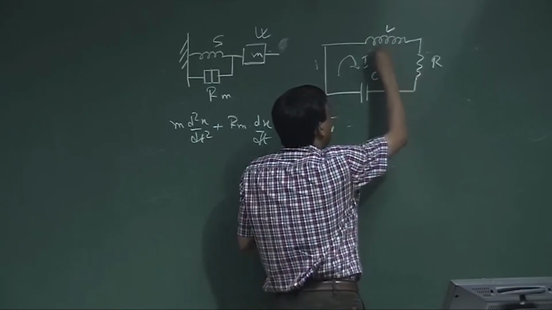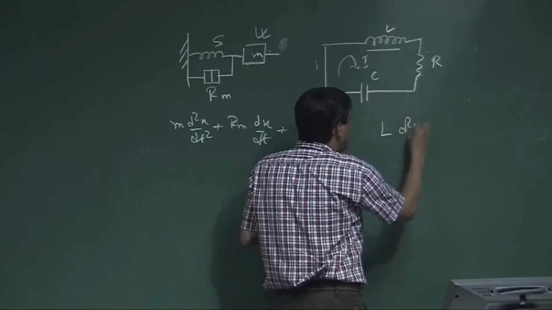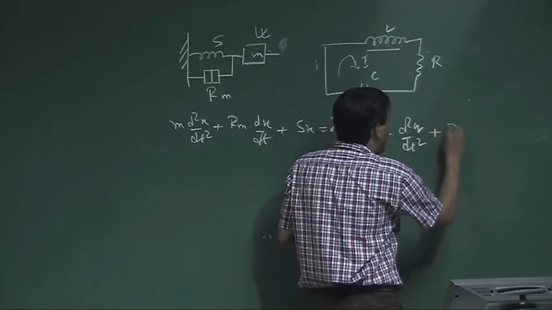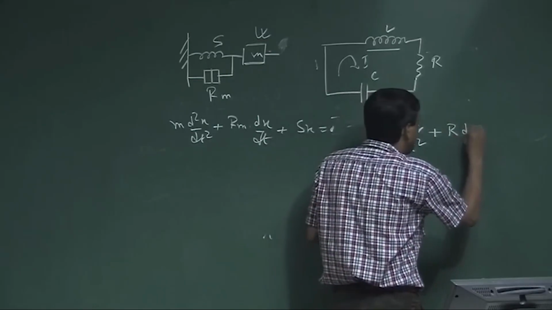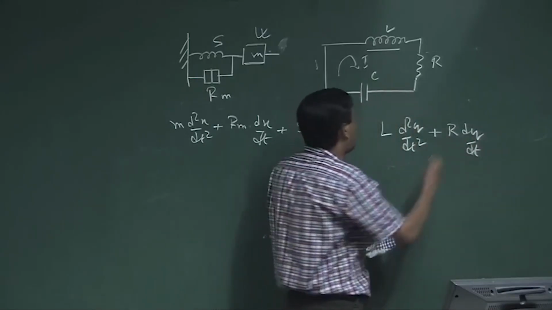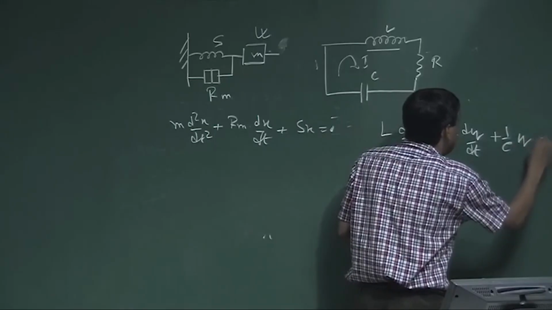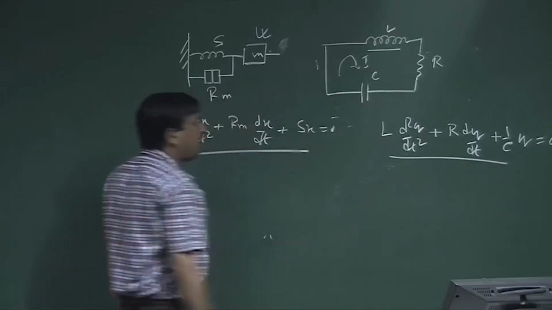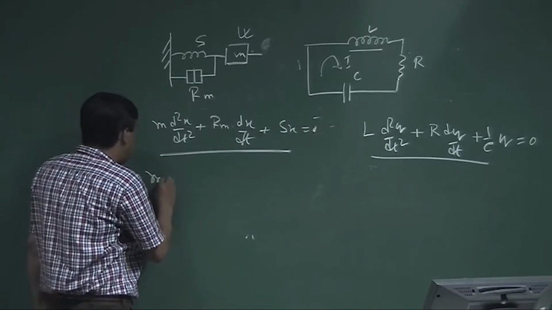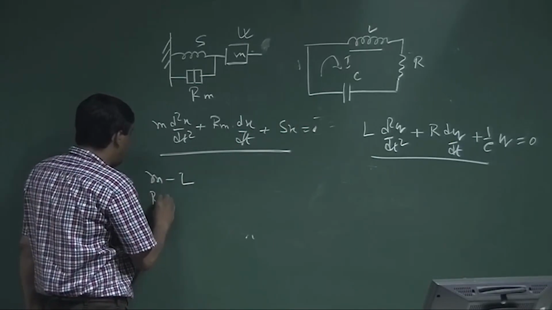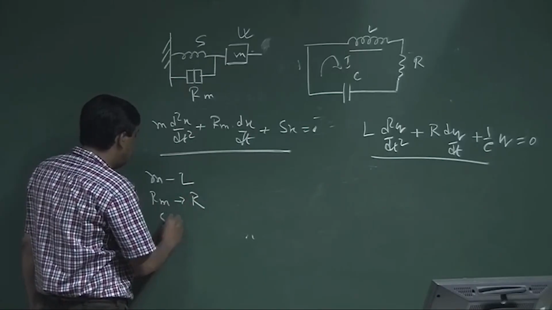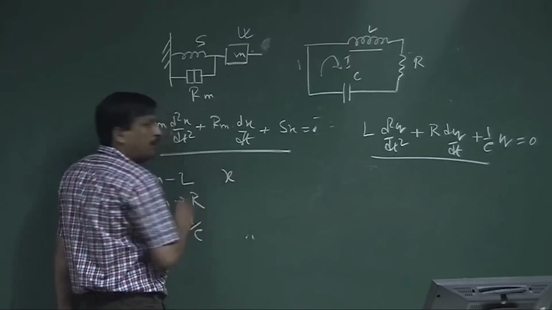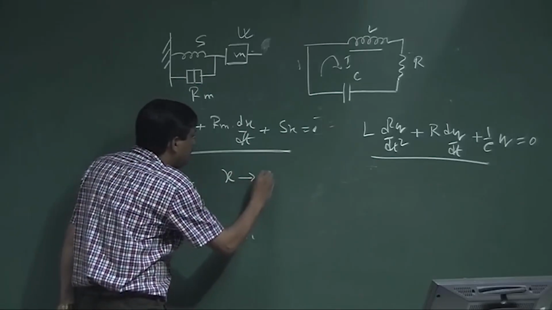It is the voltage across the L, which is L d2q by dt square, as we have already proved, plus the voltage across the resistance, R into I, meaning R dq by dt, plus 1 by C into q, equal to 0. This equation and that equation are identical, where m is equal to L, Rm is equal to R, S is equivalent to 1 by C, and the displacement x in the mechanical system is equivalent to the charge in the electrical system.